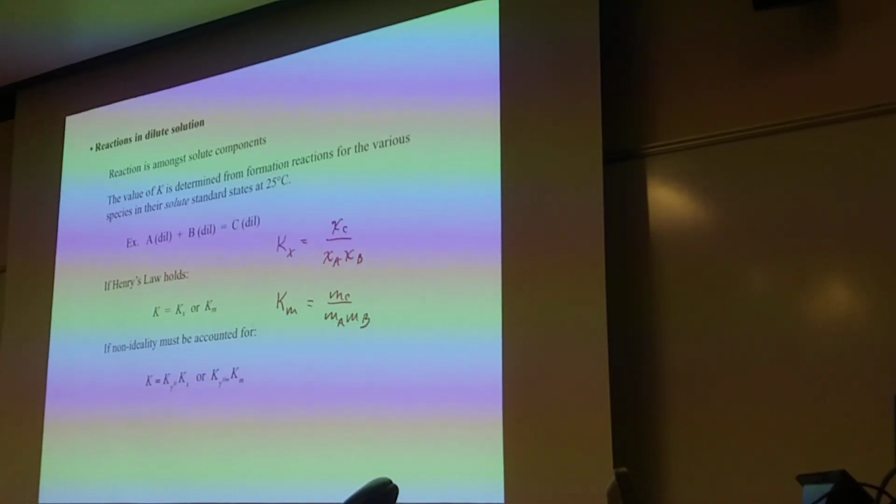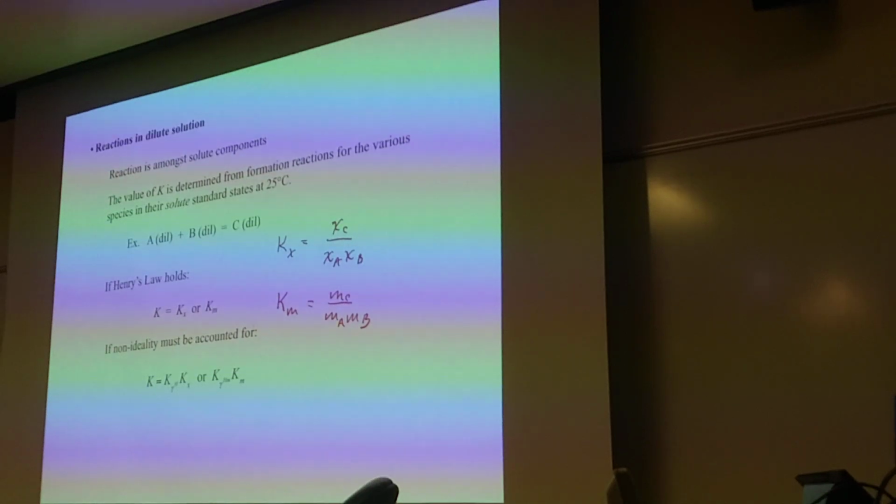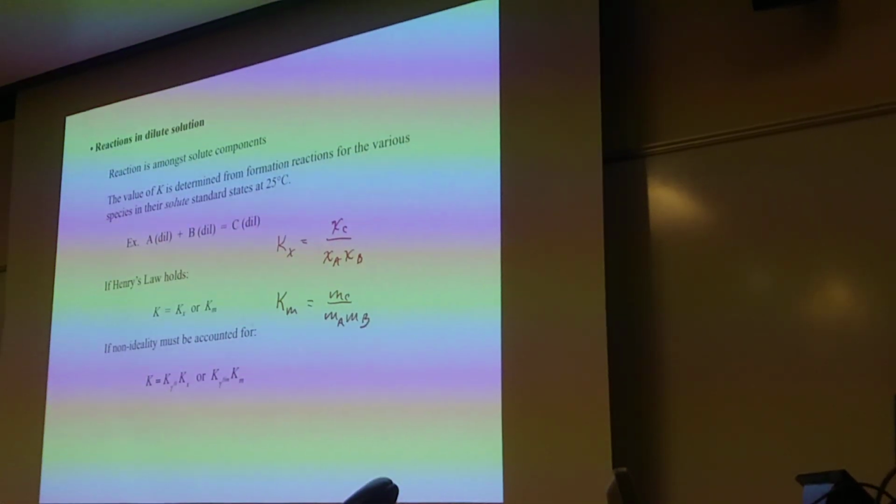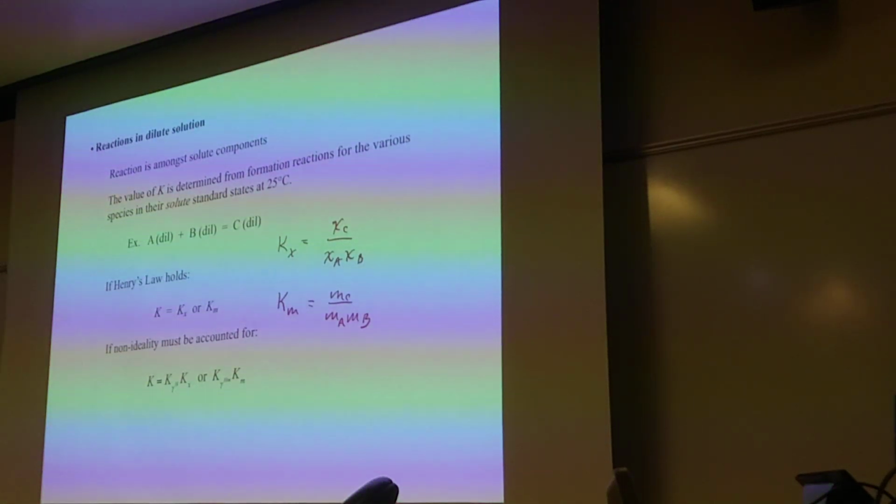And I have standard states actually given for components that are likely to be present in these types of reactions. We can find in the tables the solute standard states are given. So we have standard state values for all of these species, presumably in our tables. So we can use, as before, the same methods for determining the thermodynamic equilibrium constant, which would be reducing then to these guys.